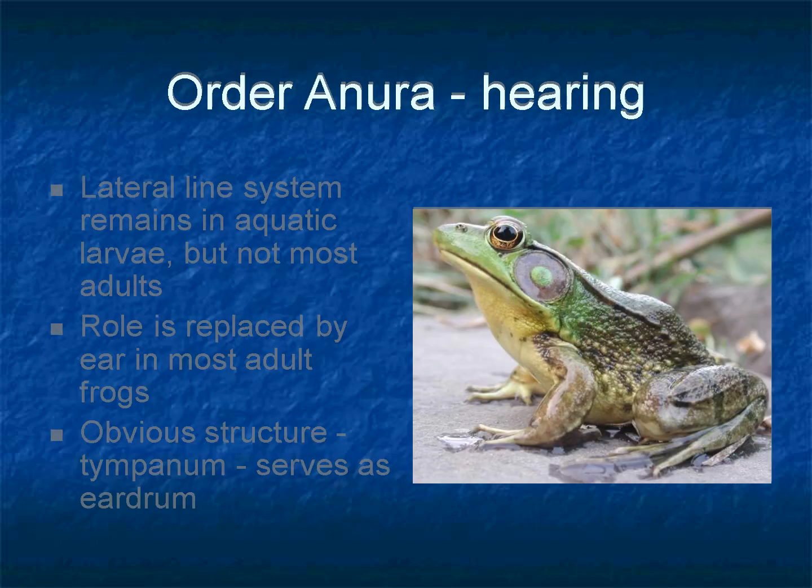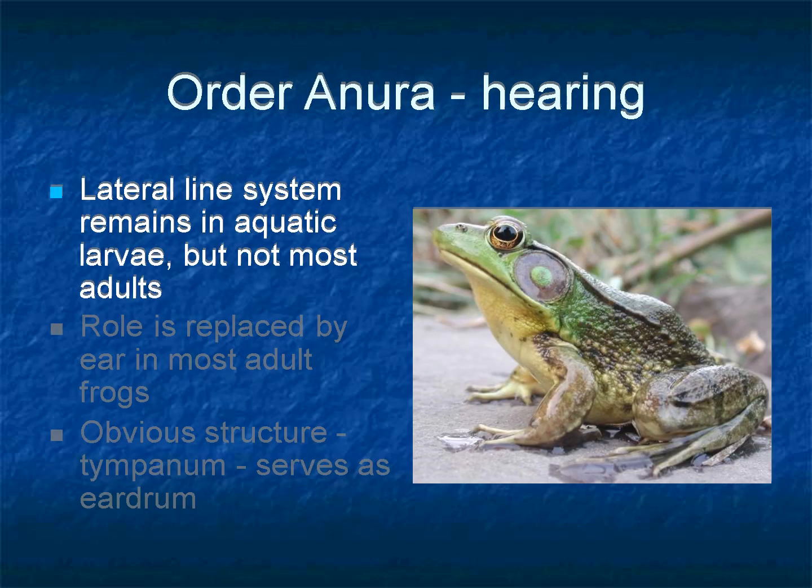Further, the lateral line system is present in aquatic larvae, but not in most adults, because this system is useless on land and solely responsible to detect and localize objects in water. However, this role is replaced by the ear in most adult frogs, except a few aquatic frogs.